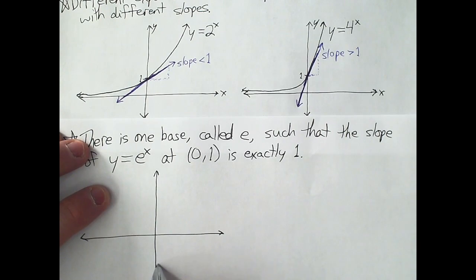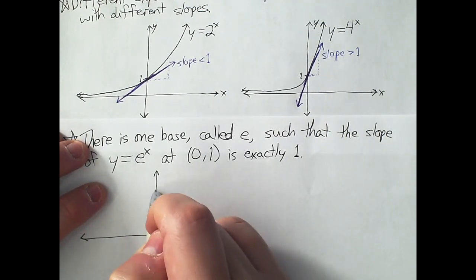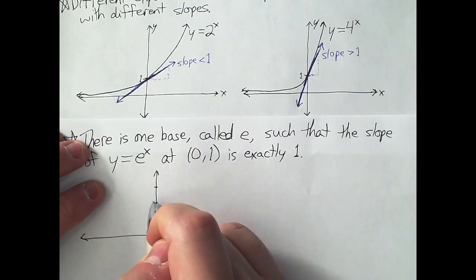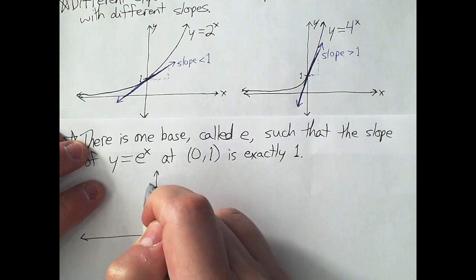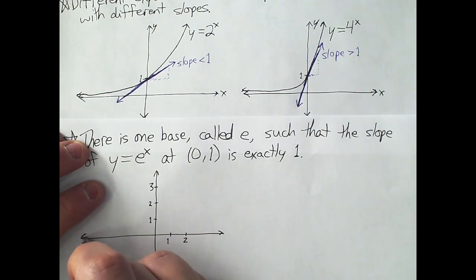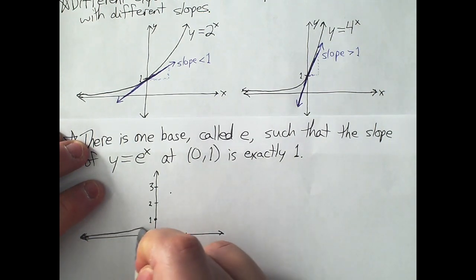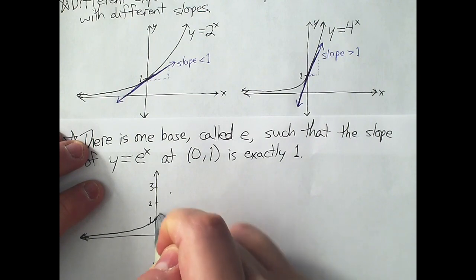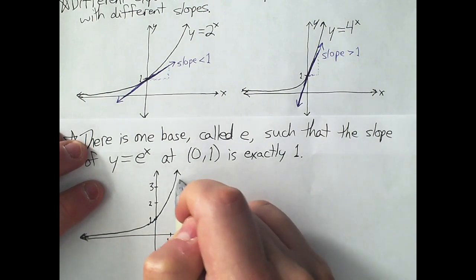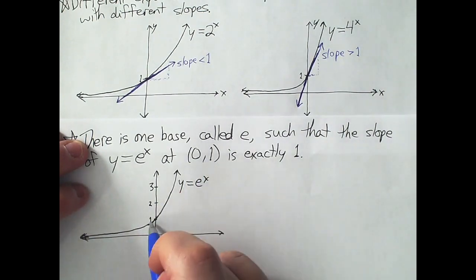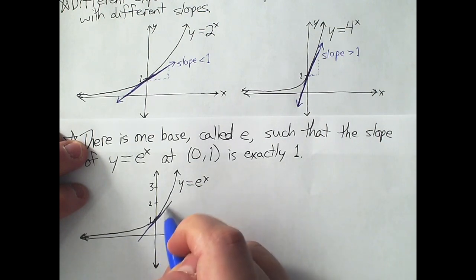I'll try to make this picture a little bit more accurate. So this one we'll go ahead and label, all right, looks something like this. Y equals e to the x. And the tangent line at the y-intercept would have a slope of exactly 1.